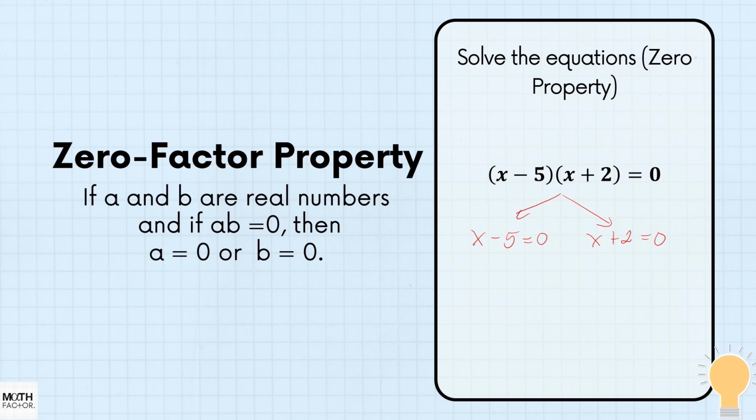For the values of x, the first one will have x is equal to 5 and the second one will have x is equal to negative 2. So the solutions of the equation are 5 and negative 2.